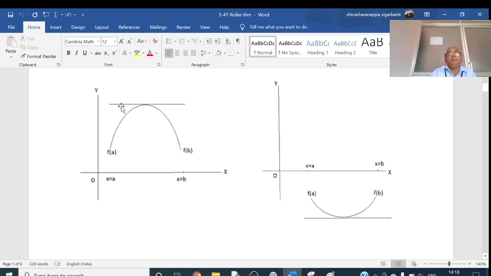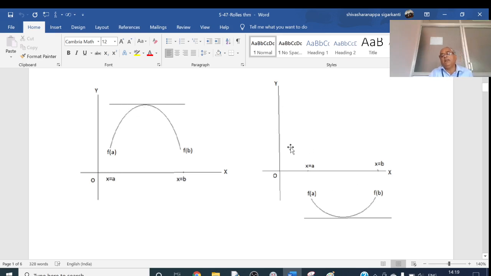So here, this is the tangent we have drawn to the curve, and this tangent makes an angle 0 with the positive direction of the x-axis. Therefore, the slope of this straight line, that is tan theta, tan 0, is equal to 0. That means here f'(c) = 0. The tangent is parallel to the x-axis. Its slope is equal to 0. That is, f'(x) at x = c is equal to 0.